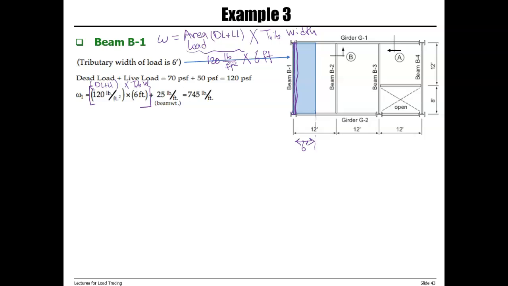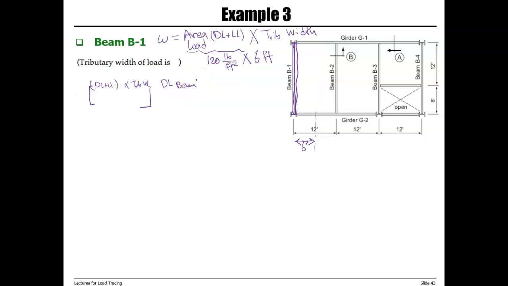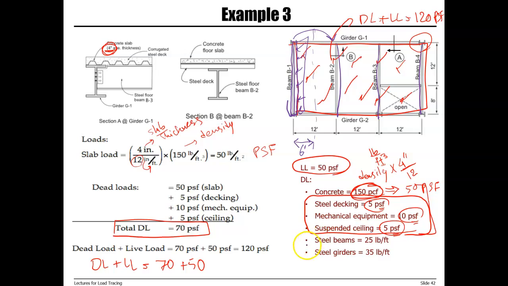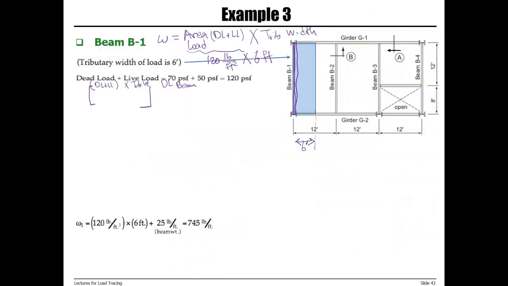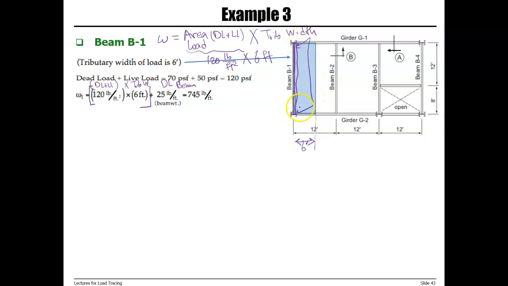And then we also need to add dead load of beam, which was given to us. So dead load of steel beam is 25 PLF. So if you add everything together, the load on beam B1 is equal to 745 PLF.